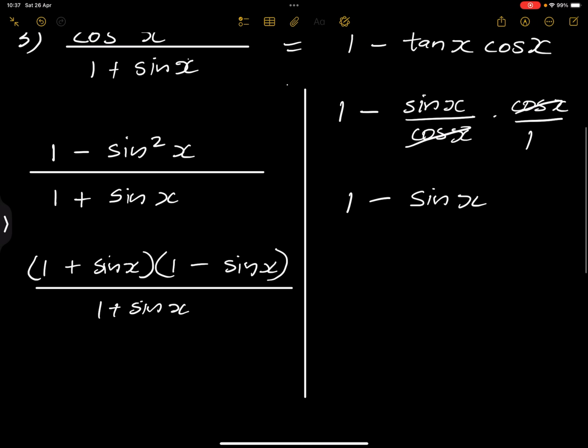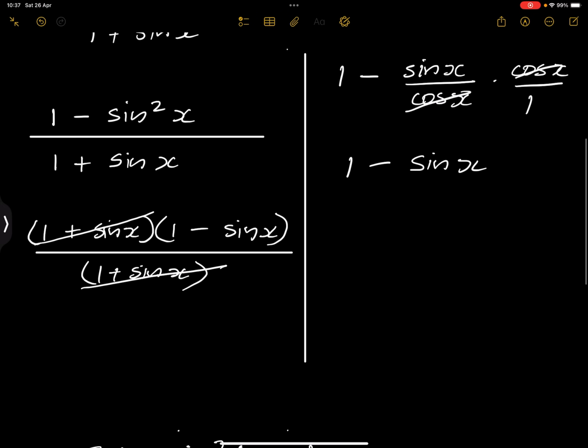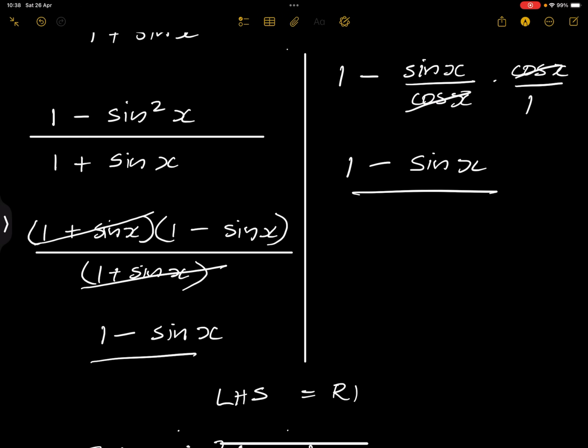And what do you know, I've got something at the denominator that looks like something we have at the numerator. So those two can cancel each other out. And guess what I'm left with? I'm left with 1 minus sine of x. And what do you note? The left-hand side is equal to the right-hand side.